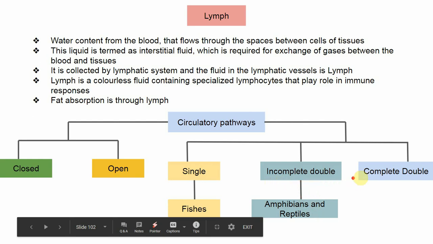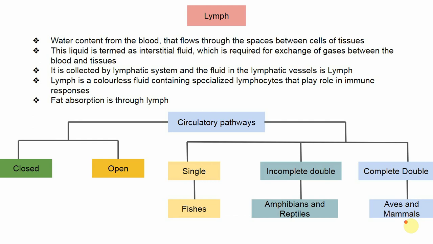And finally, we find the complete double circulatory pathway, which is seen in the case of aves and mammals. So we all know the four-chambered heart, that is two auricles and two ventricles, is seen in the case of aves and mammals, right? So the ventricles are completely separated in the case of aves and mammals.